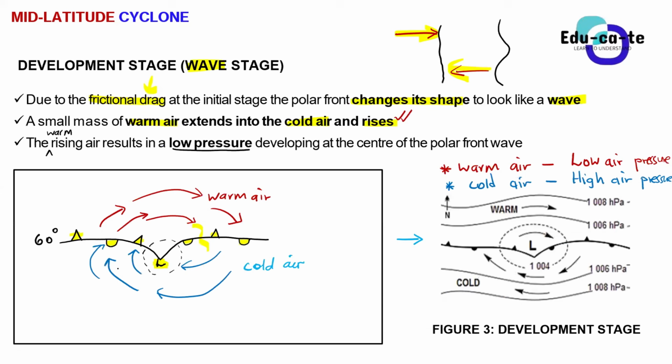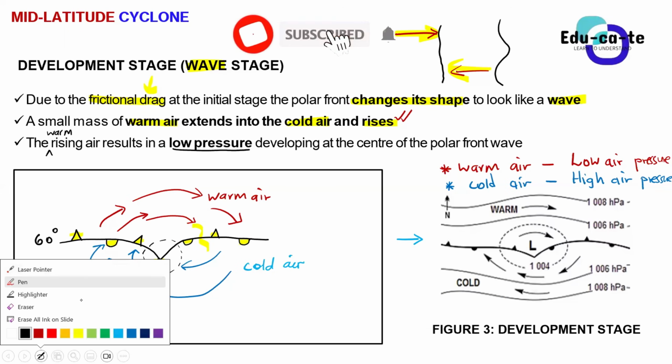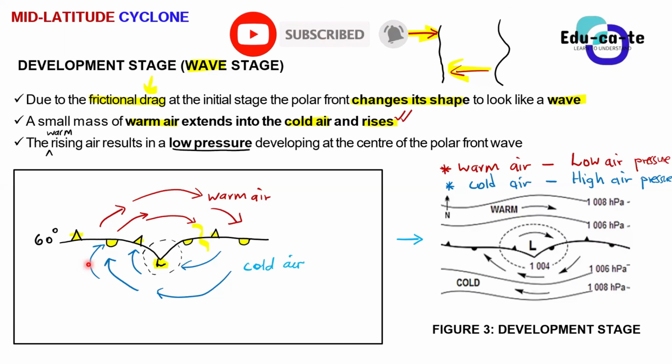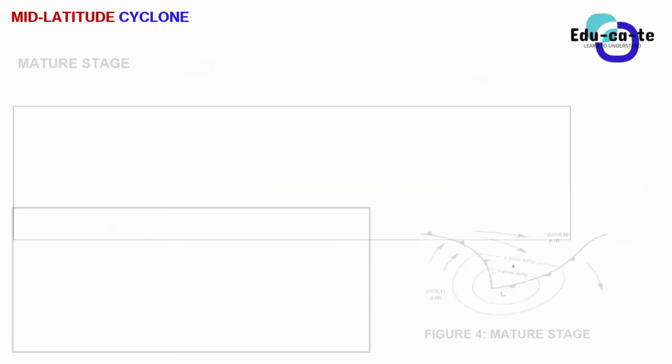Let's just go back to the development stage and try to see. If you look at the development stage, guys, the pressure at the center here was 1004. Do you guys see here where I'm highlighting 1004 hectopascals? Yes, this is during the development stage. And look at this now. This is now the mature stage. During the mature stage here, we've got 1006 hectopascals.